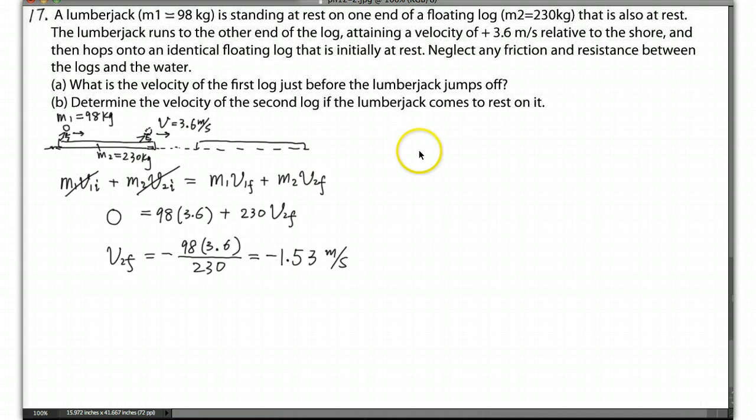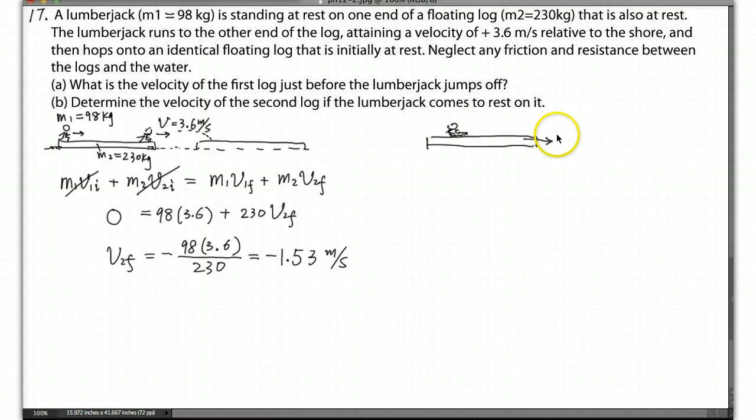Okay, so in that case, after he jumps and lands on the log, the question is actually asking for the final velocity of both. So then the person must be sitting on it right now, right? Let's just assume he's sitting on it.